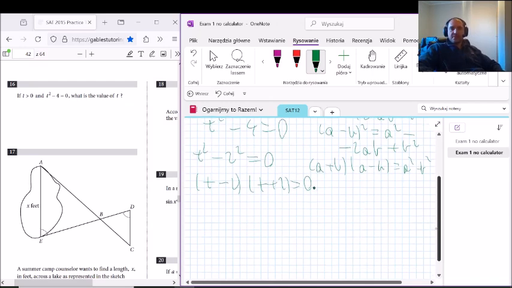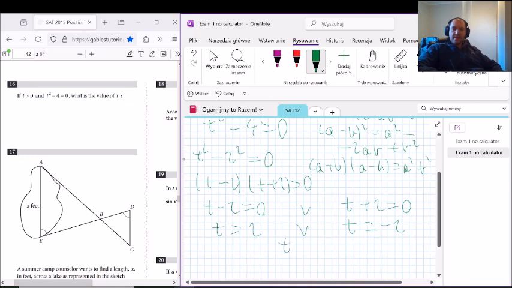This is only possible if one of the parts of this multiplication is equal to 0 on its own. So t minus 2 equals 0, or t plus 2 equals 0. Now we can solve those simple equations, and we have t equals 2 or t equals minus 2.